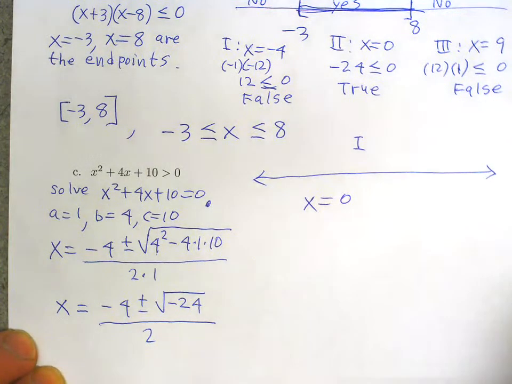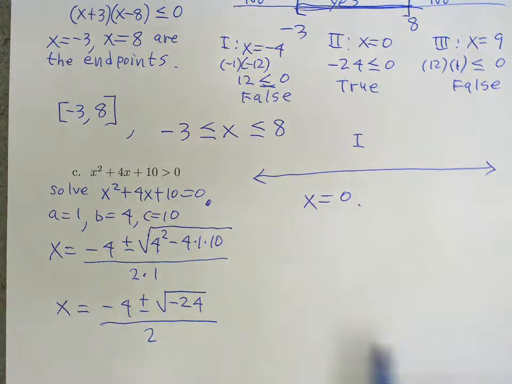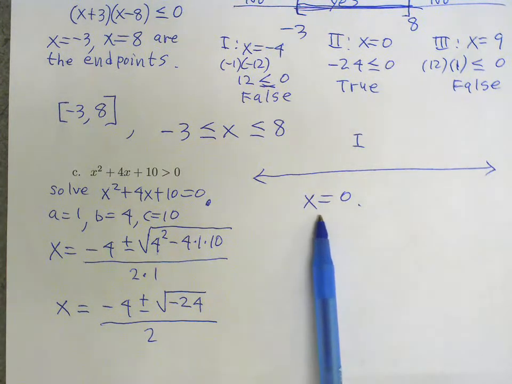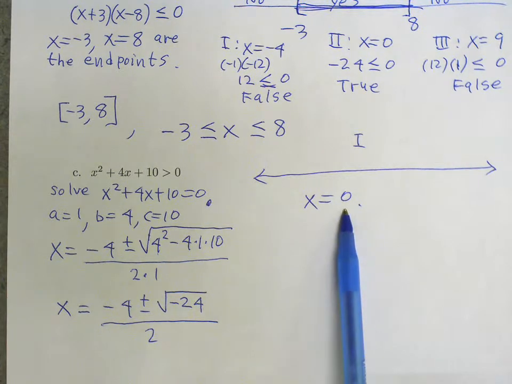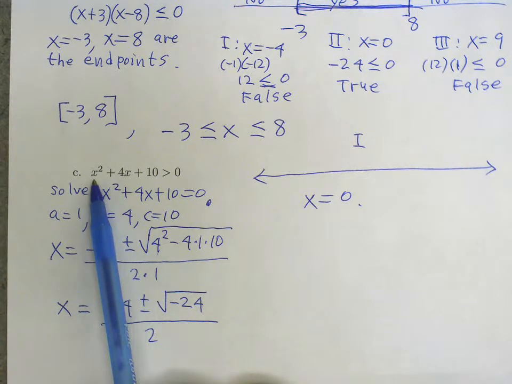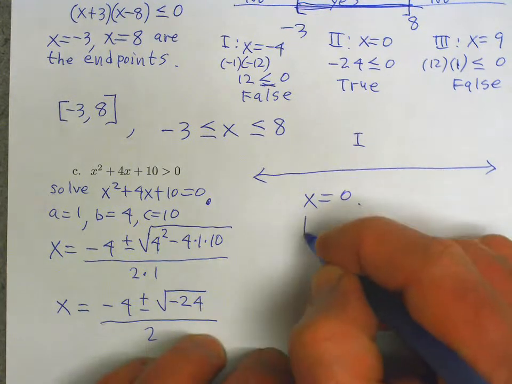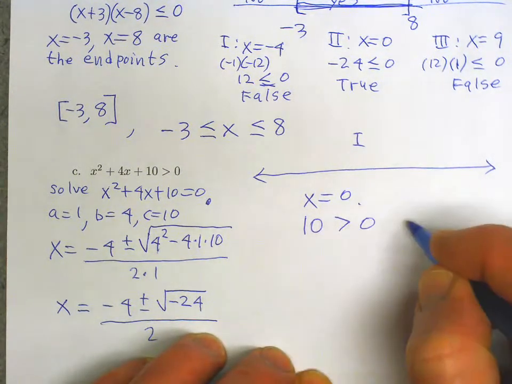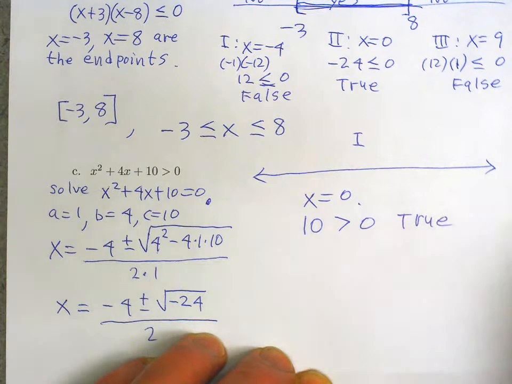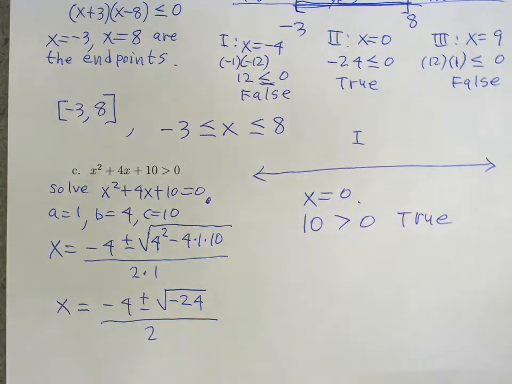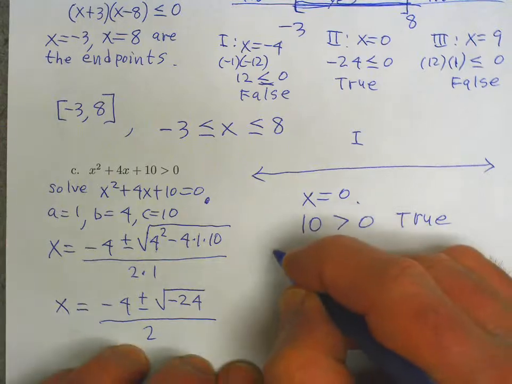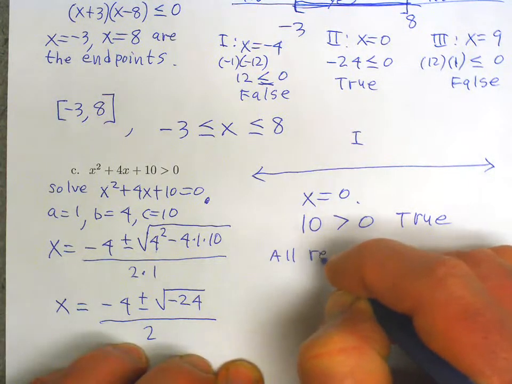But we might as well just use the simplest number to use of all, which is 0. In the inequality, replace every x with 0, we're left with 10 greater than 0. And so that's true. So that means all real numbers are solutions.